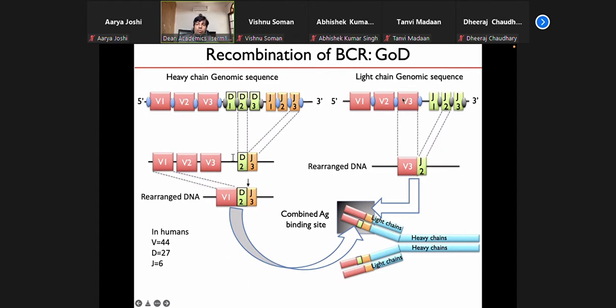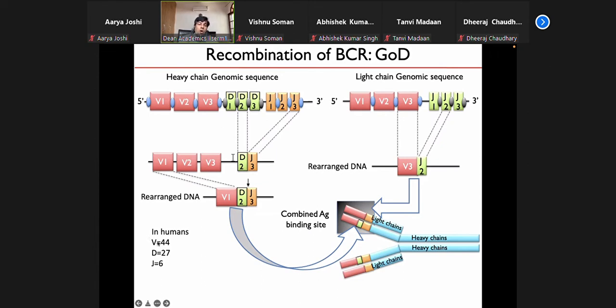Same thing for the light chain, except that you don't have this DJ step because D is missing altogether. So there is only one step, which is V and J recombination. This will give rise to the variable region of the light chain, and then it will combine with the constant region, and eventually you will make a proper BCR.